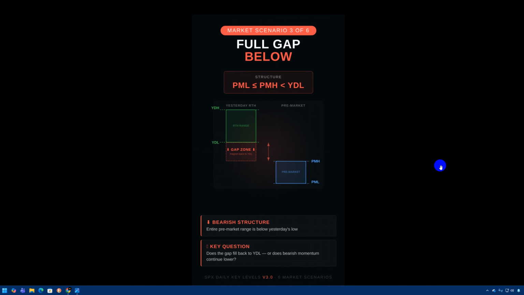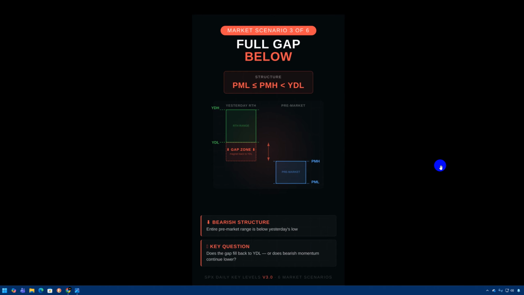Okay, so here's a graphical representation of market scenario 3, full gap below. So again, this is a true gap below in which the entire pre-market range, PML to PMH, is below yesterday's daily low, not just that the open is below yesterday's daily low.